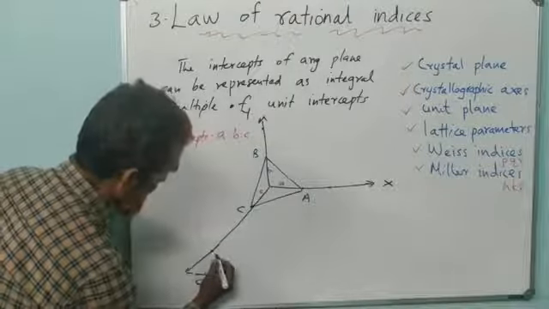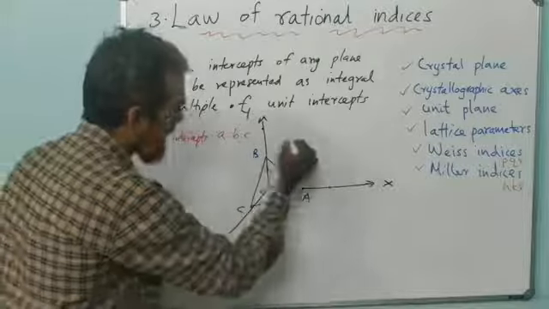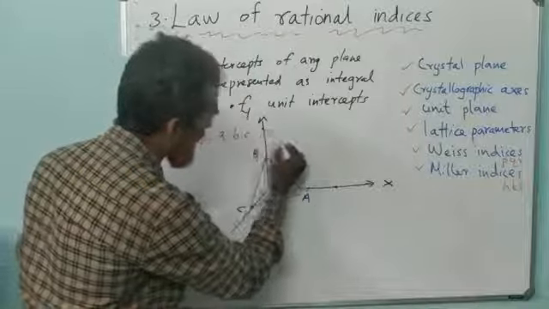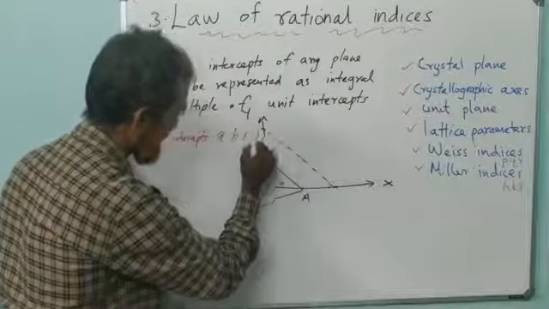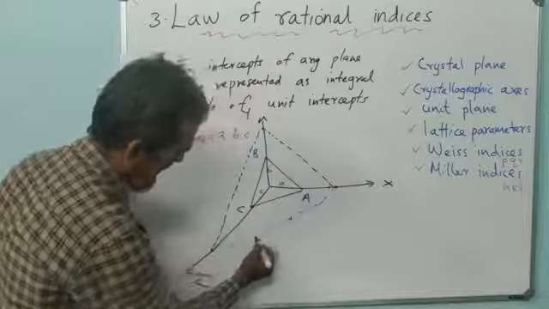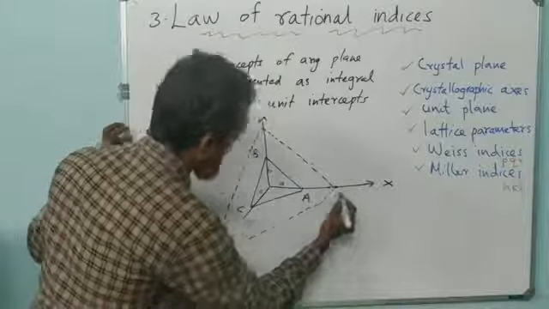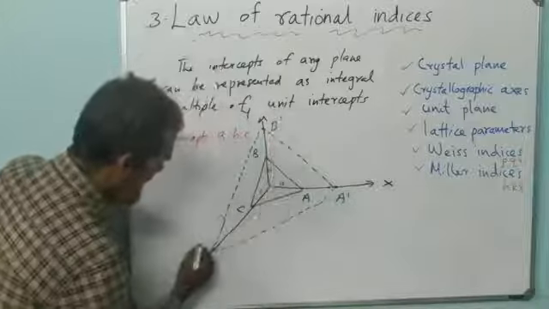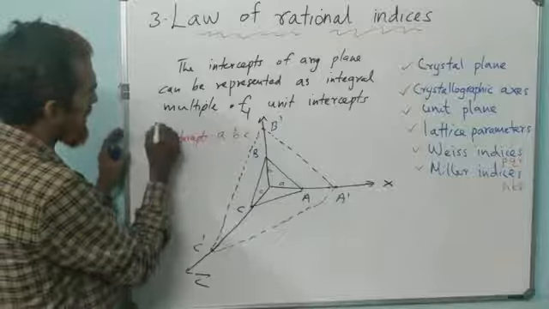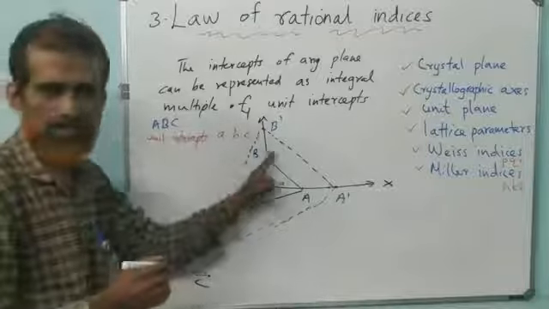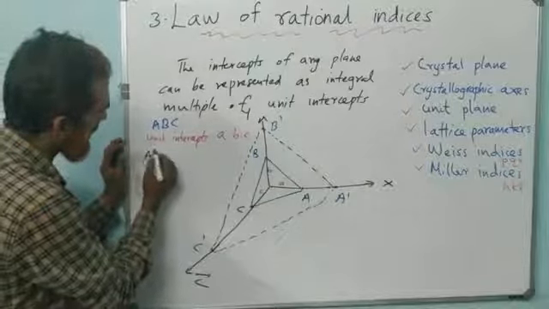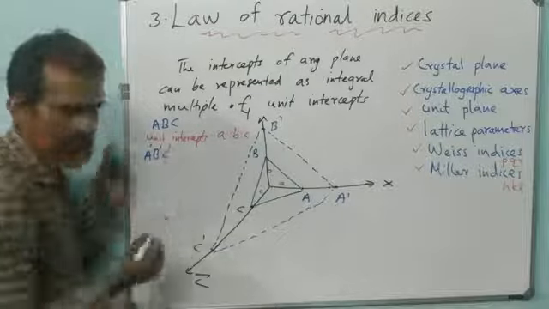Let me connect these to get another plane. I am marking it as A dash, B dash, C dash. Now this unit plane is A, B, C, and the intercepts are small a, small b, small c. Let me consider the plane A dash, B dash, C dash.